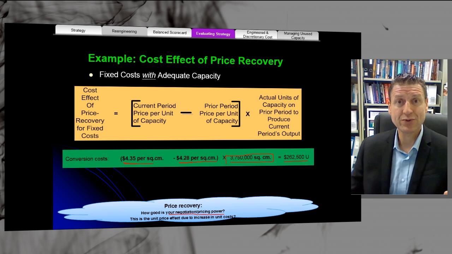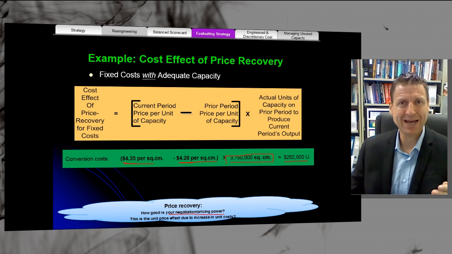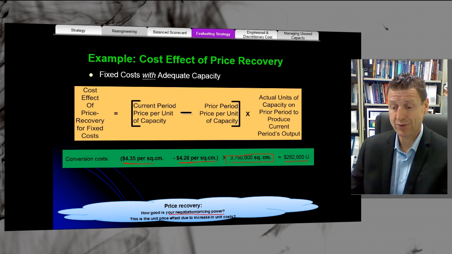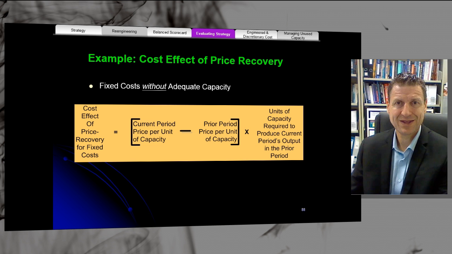We have a price recovery component of fixed costs of $262,500, and that's unfavorable because this is a cost. Again, this can reflect your negotiating and pricing power. So this kind of summarizes our price recovery component of financial reporting of operating income.